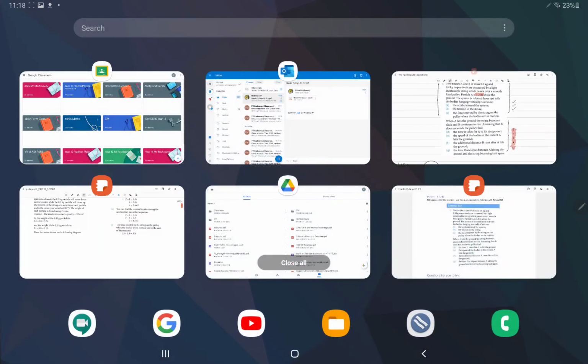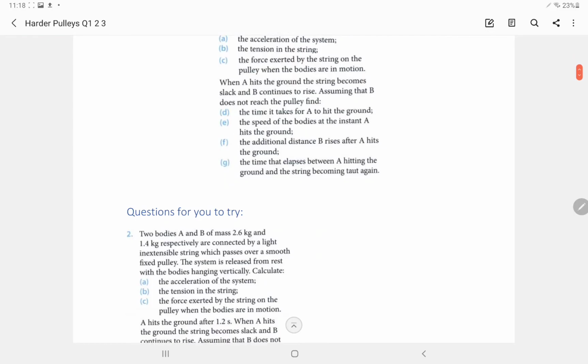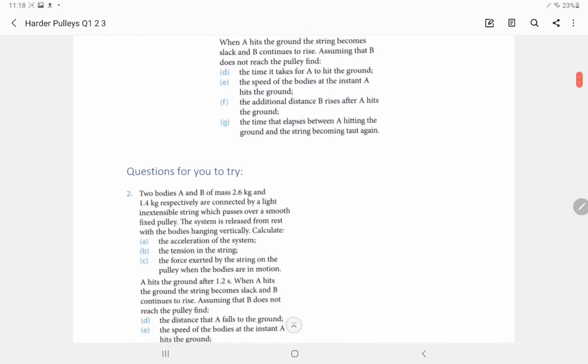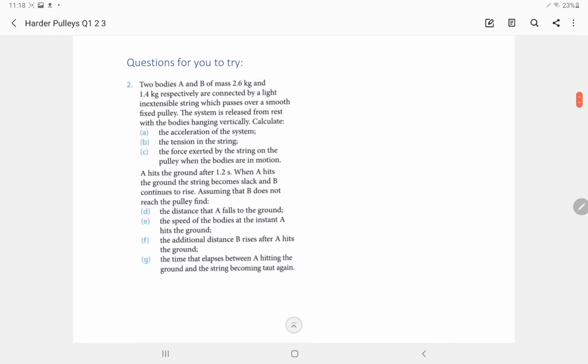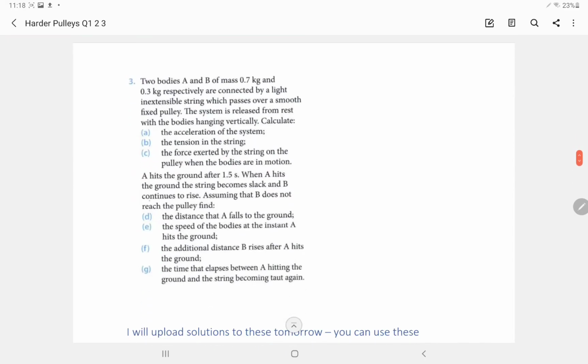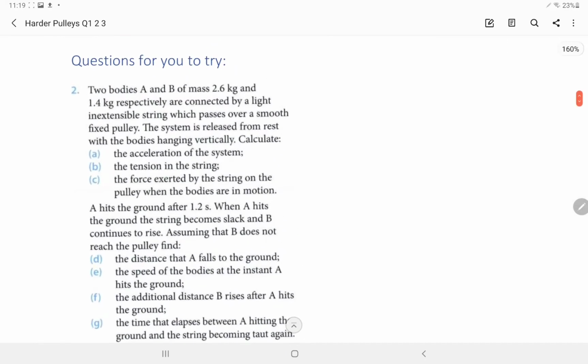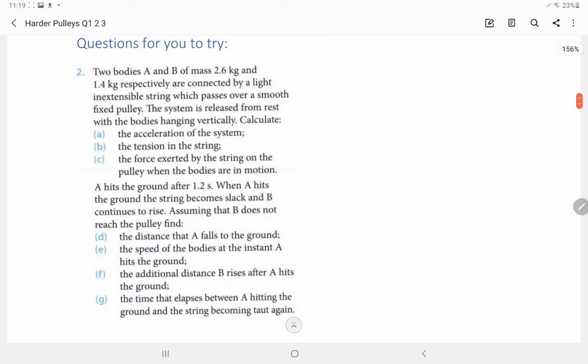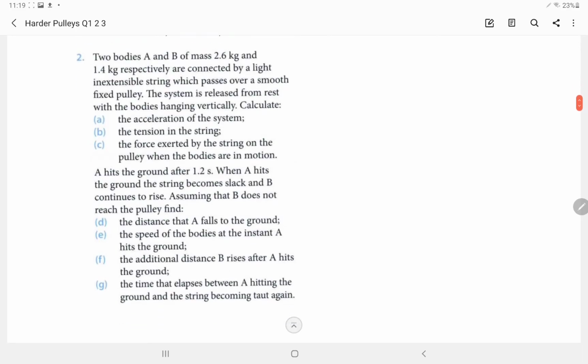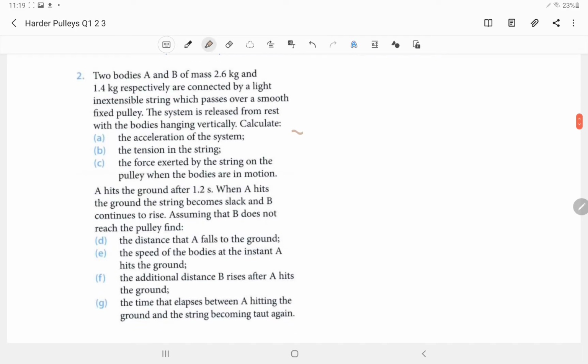So if I just show you the two questions that I want you to try, and this PDF is going to be on Google Classroom. There's question 2 and question 3. So question 2, just treat it exactly the same way as the questions from yesterday. This is the same as previously. So that should be okay.